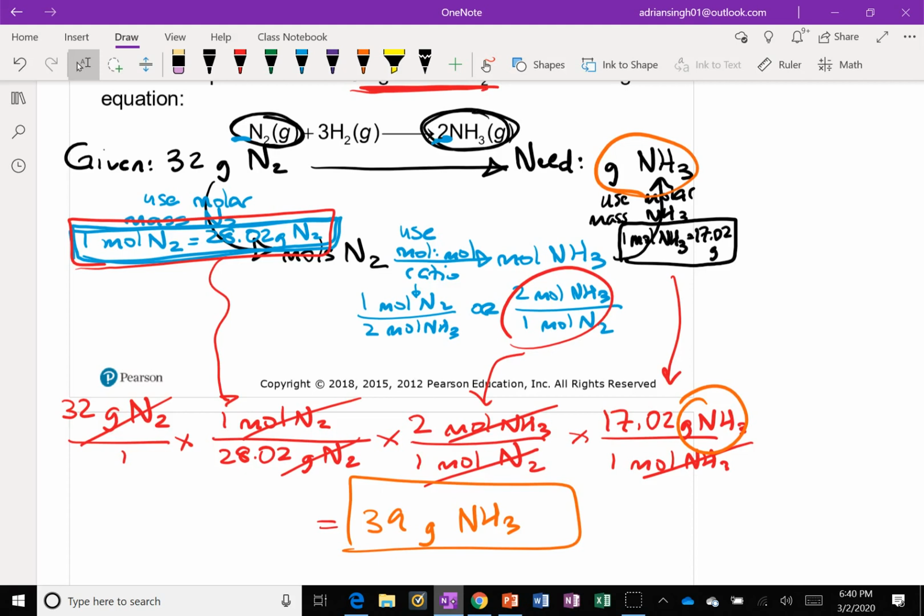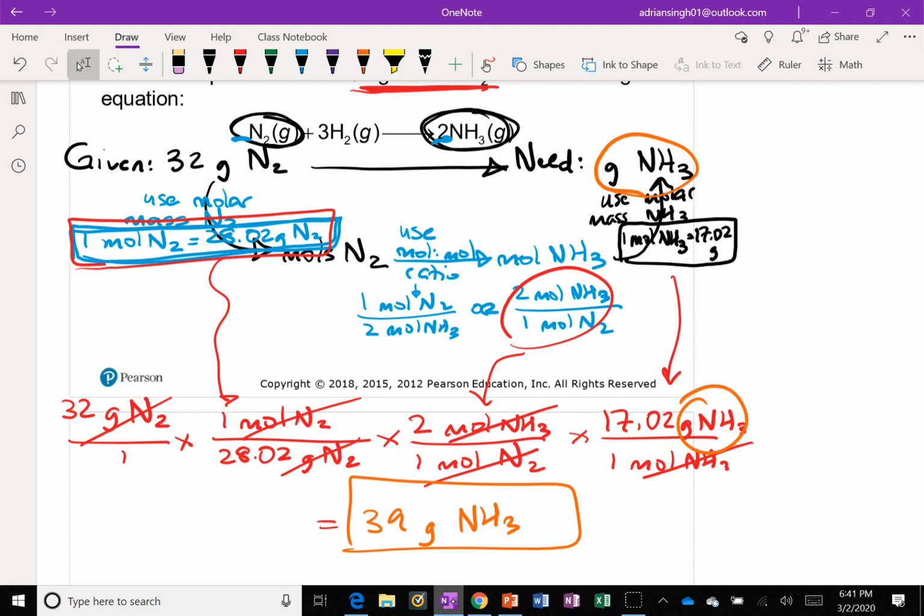How you got the molar mass of grams of NH3 and you did it over 1 mole, will it always be 1 mole? The molar mass is always per mole. Always. So 1 mole of that thing. Even the nitrogen here is for every 1 N2. There's never a time where it's something other than 1.